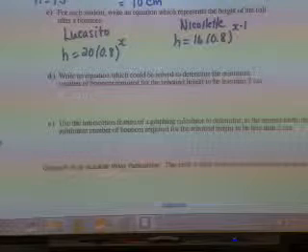So question D says, write an equation that could be used to determine the minimum number of bounces required for the rebound height to be less than 2 centimeters.